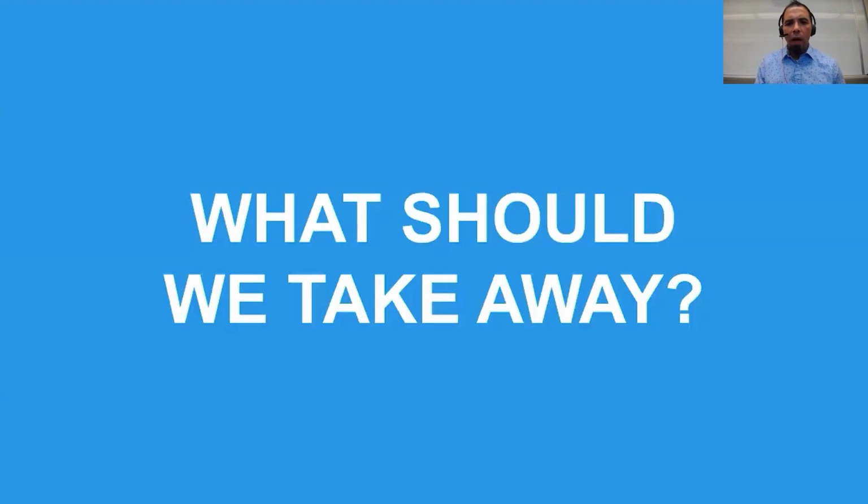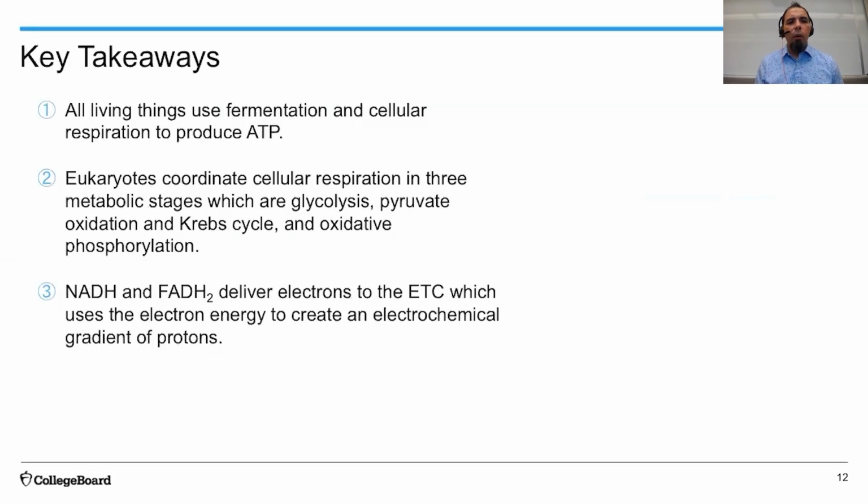So what should we take away? Key takeaways: all living things use fermentation and cellular respiration to produce ATP. All living things need energy, right? And so all living things have to access energy in a way that is sequential and not being wasted. Eukaryotes, like yourself, coordinate cell respiration in three metabolic stages. And again, you can go back maybe a minute or two in the video.